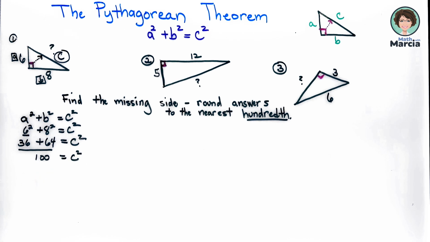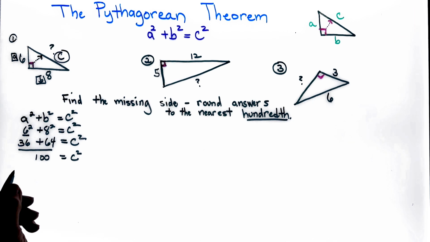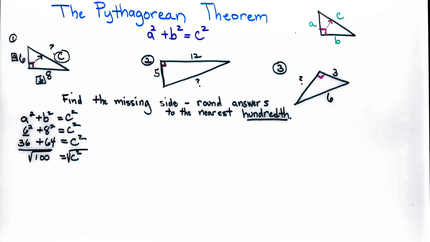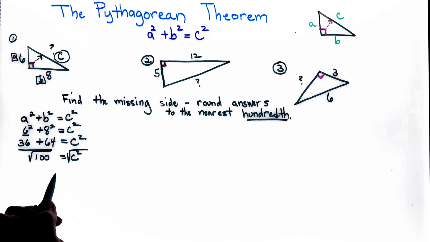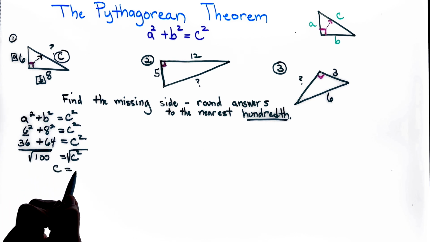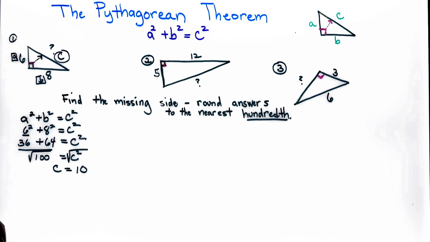Finally, as you remember with solving equations with exponents, when the exponent is alone, we can take the square root of both sides, and our answer is c is equal to the square root of 100, which is 10. The reason I'm not writing positive or negative 10 is that the side of a triangle would never be a negative number.